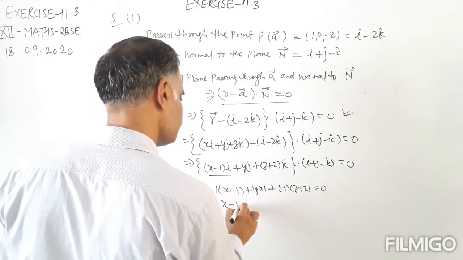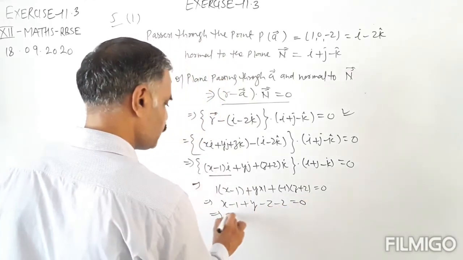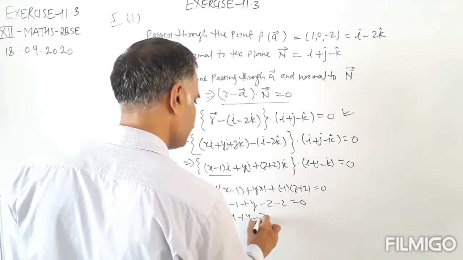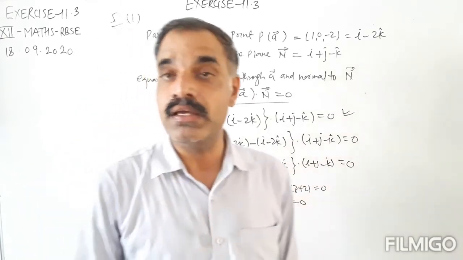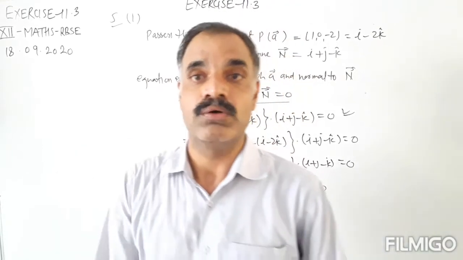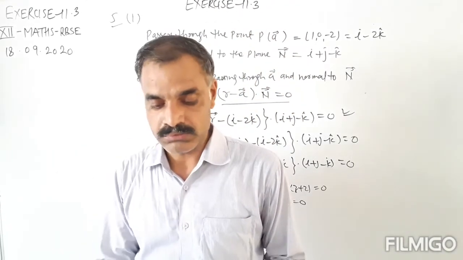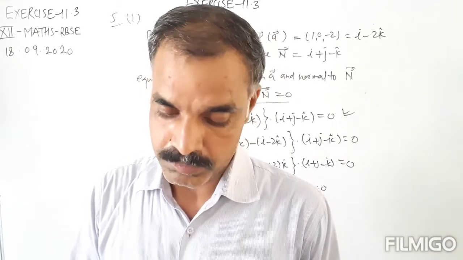So x minus 1 plus y minus z minus 2 equals 0. Solving this, x plus y minus z equals 3. This is the equation of the plane in Cartesian form.